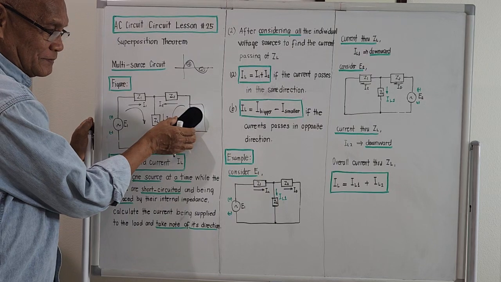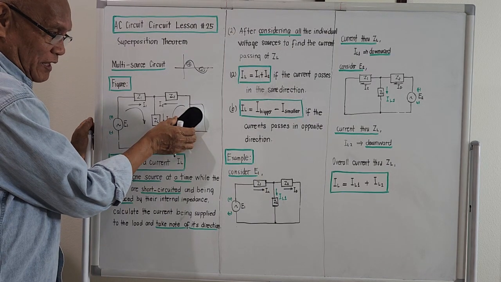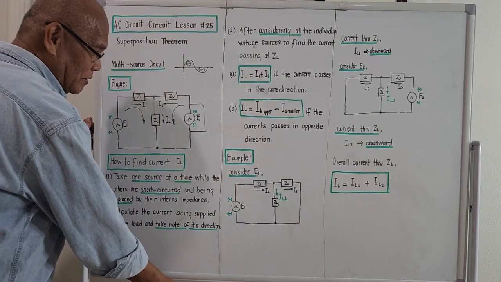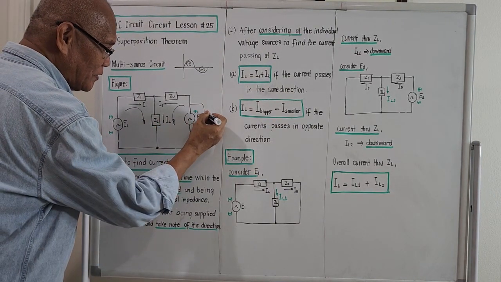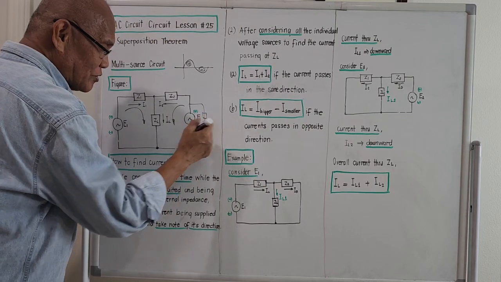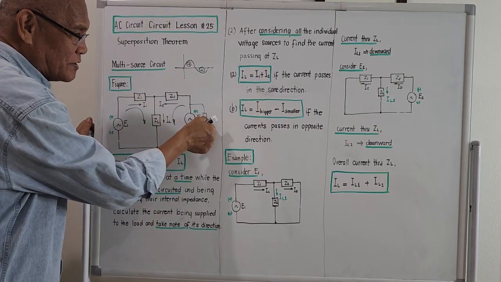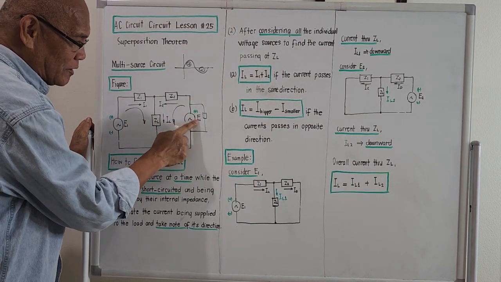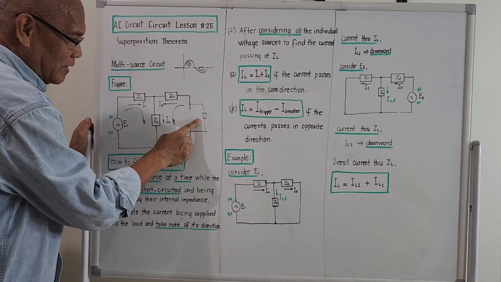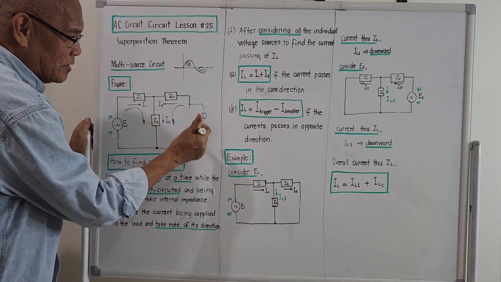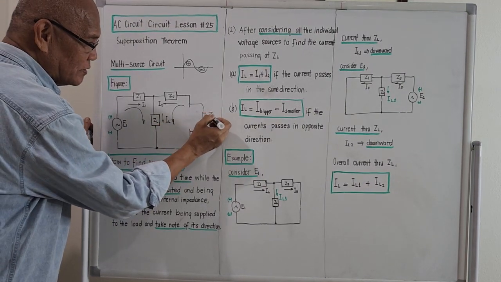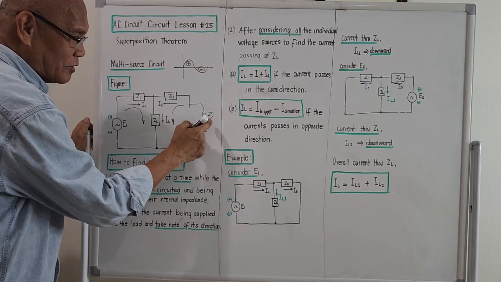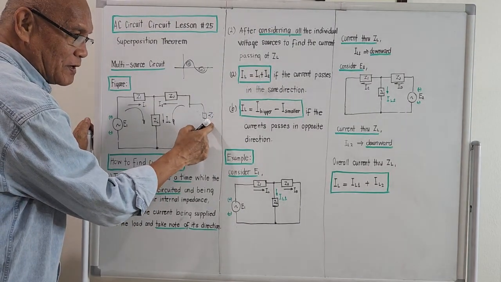But if there is an internal impedance due to source number 2, consider it in the calculation. Because if we short out source number 2, this will be gone, and the internal impedance, this is Z internal. Try to include this in your computation because there is an effect of this internal impedance.